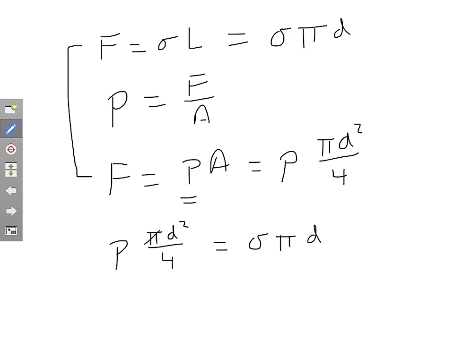The pi's cancel out, one of the d's cancels out, and you're left with a fairly simple formula for the pressure. The pressure is going to be equal to 4 sigma over d.